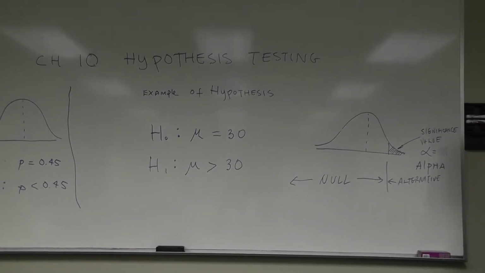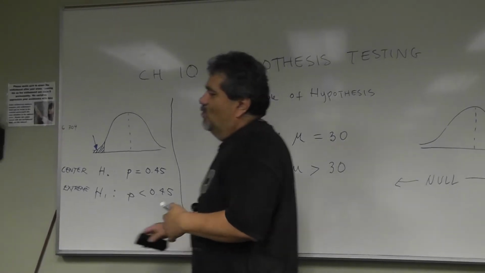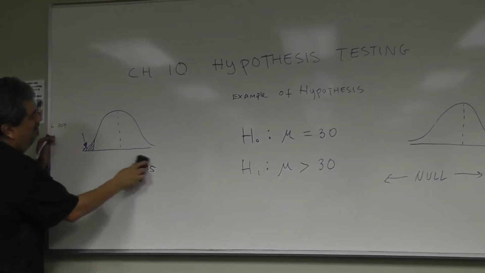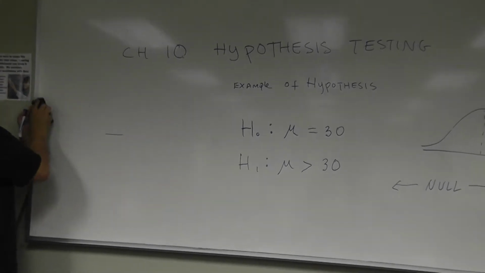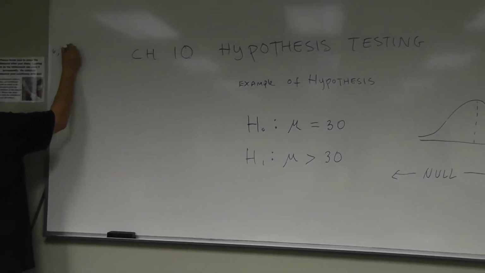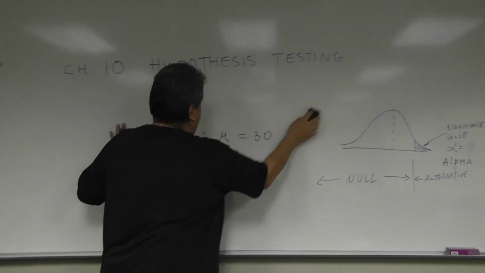Now, let's be more specific, okay? We are going to do one specific problem in a minute, but before we get to that point, I need this number in a minute. Let's do this.